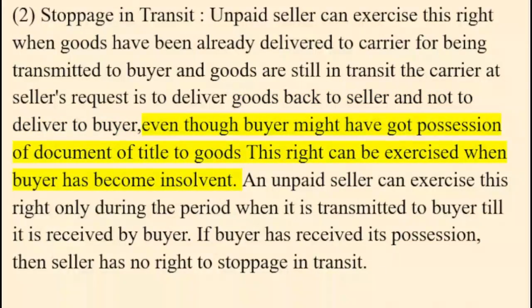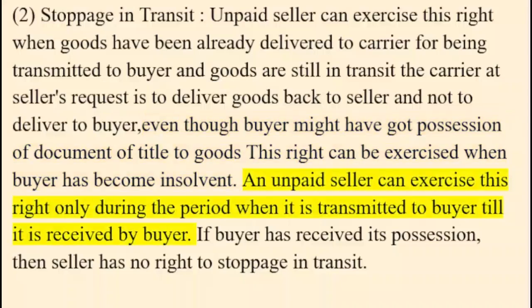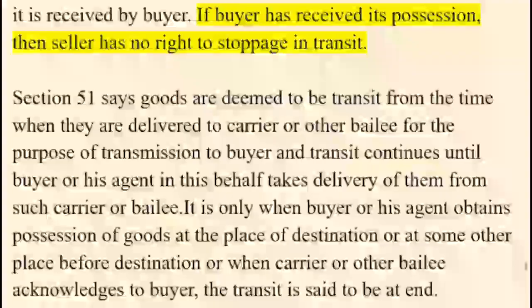Even though the buyer might have got possession of the document of title to goods, this right can be exercised when the buyer has become insolvent. An unpaid seller can exercise this right only during the period when the goods are transmitted to the buyer till they are received by the buyer. If the buyer has received possession, then the seller has no right of stoppage in transit.